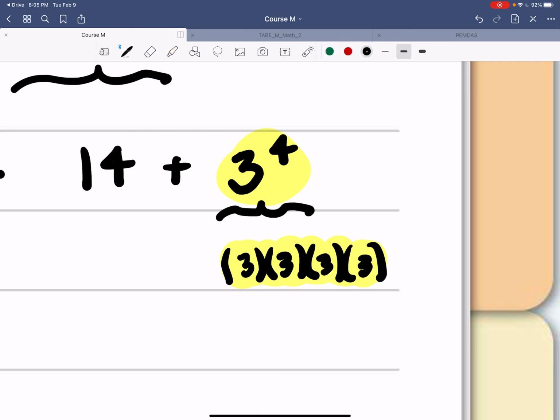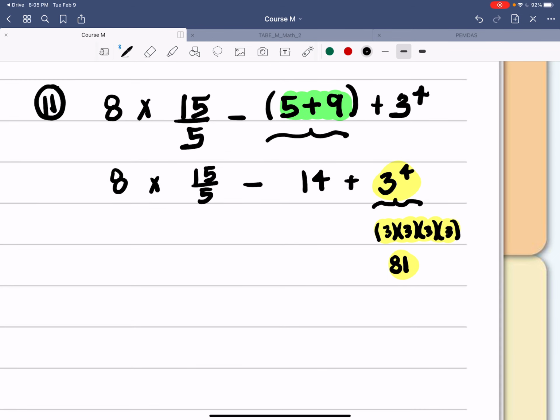That will work just fine. 3 3s are 9, times 3 is 27, times 3 is 81. So that is 3 to the 4th. And then I copy. Copying is your friend. I know it takes time, but it will help you not make mistakes.